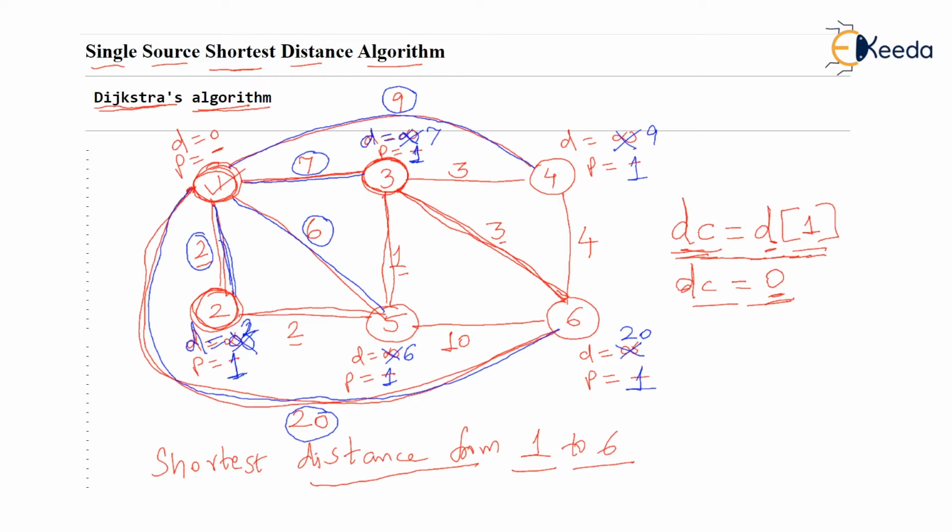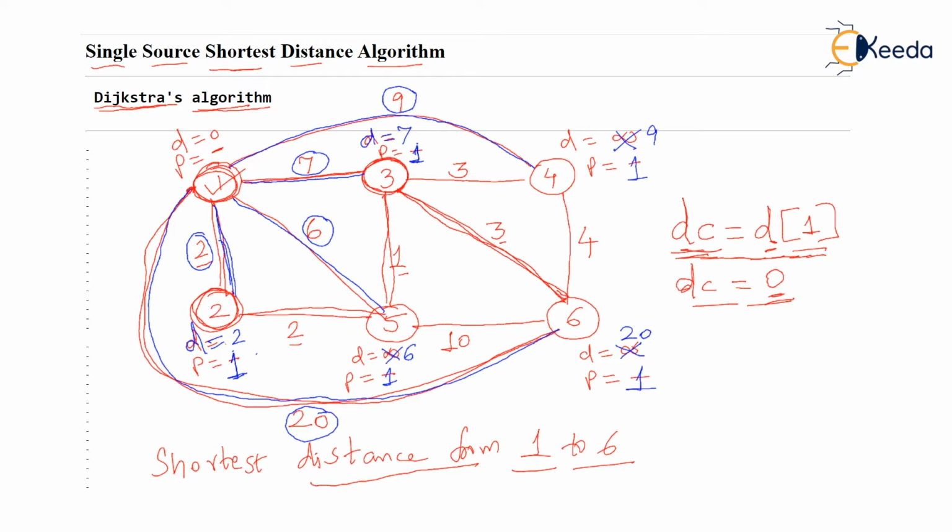You should never consider the first vertex at all in any process. I'll just clean this up before it becomes a bit messy. Okay, these distances have been updated. So what is the distance of this third vertex? It is 7. And what is the distance of this second vertex? It is 2.